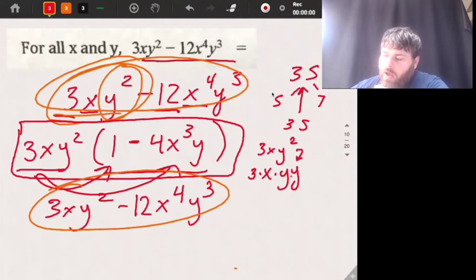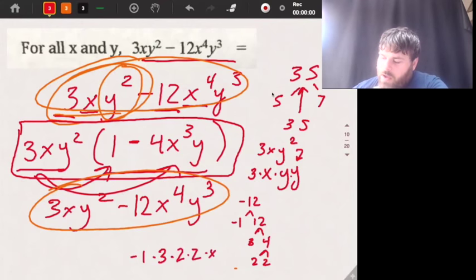Now the -12, first of all, breaks down into -1 times 12. This breaks down into 3 times 4, and 4 is really 2 times 2. And then I put all these factors back together. I get -1 times 3 times 2 times 2, and then all the variables. There are 4 x's, 1, 2, 3, 4, and 3 y's, 1, 2, 3.